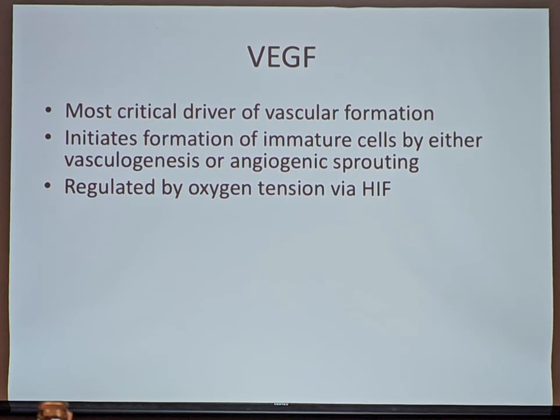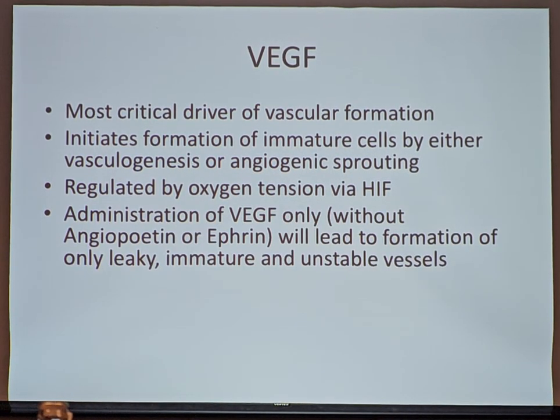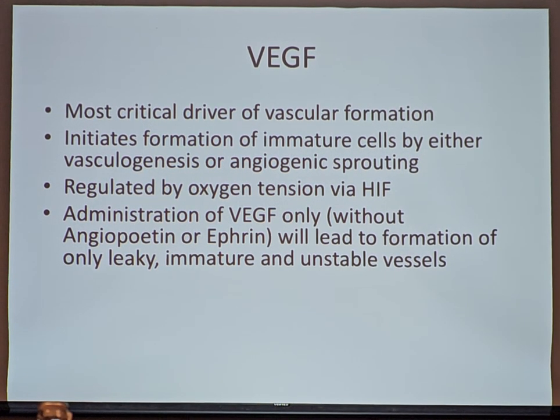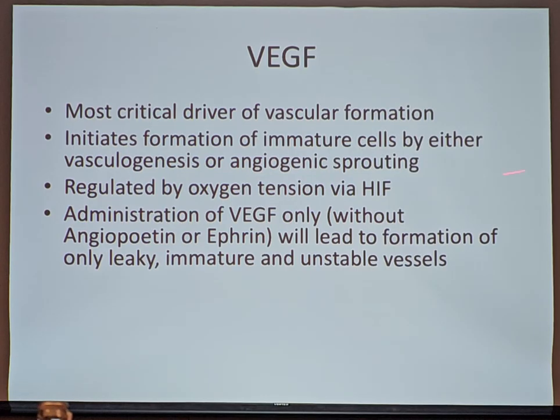So wherever you have low oxygen tension, due to an increase of HIF, you will have an increase in the vascular endothelial growth factor. If you give only VEGF to an animal model, without the angiopoietins or ephrins, without the other growth factors, you will have only leaky, immature, and unstable blood vessels.